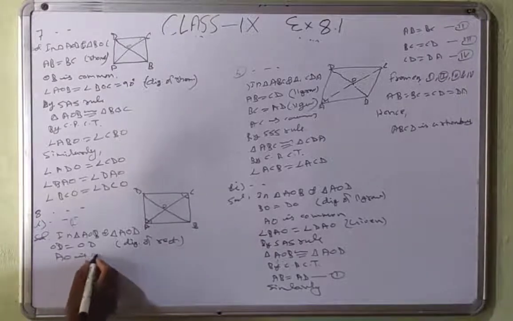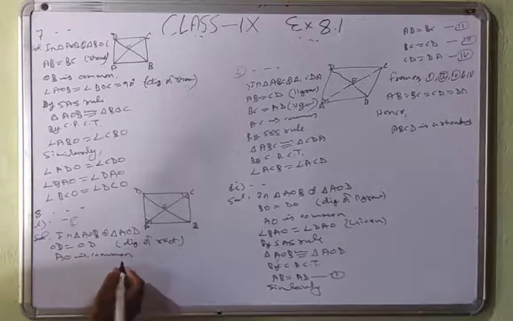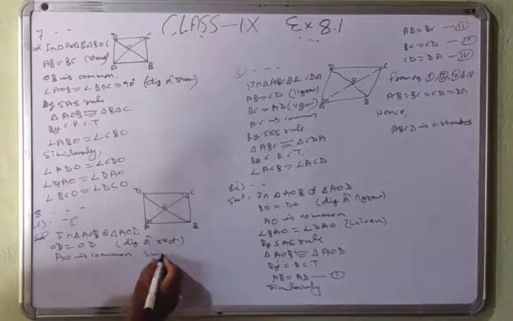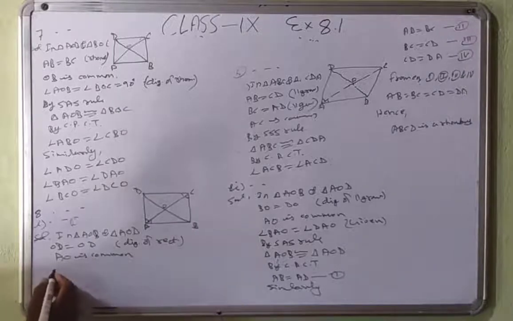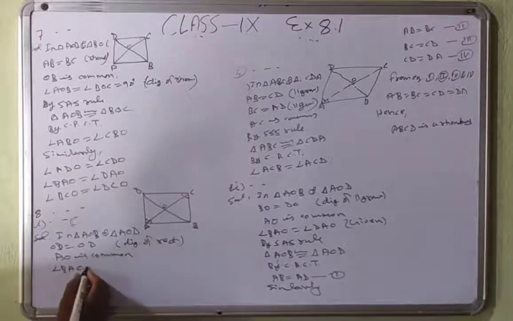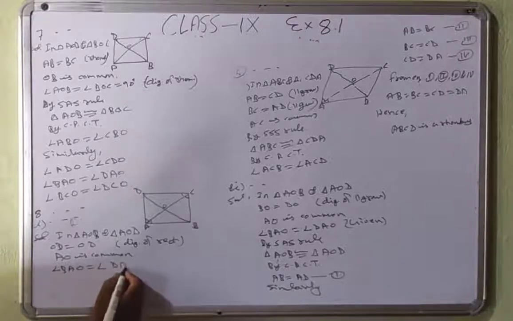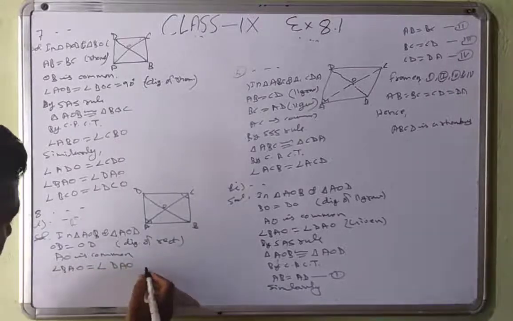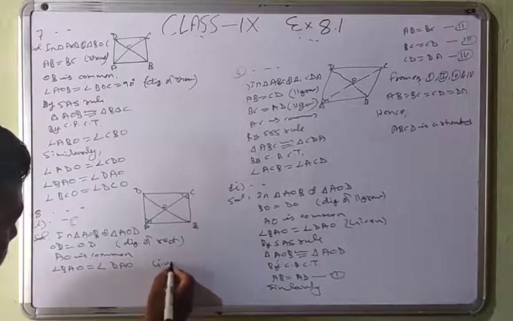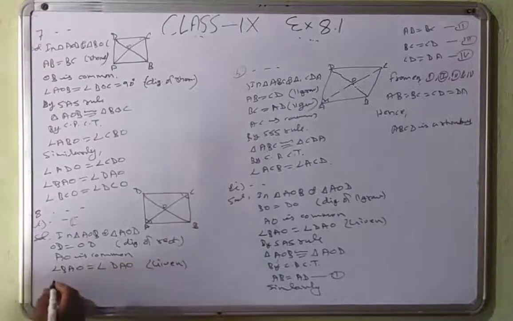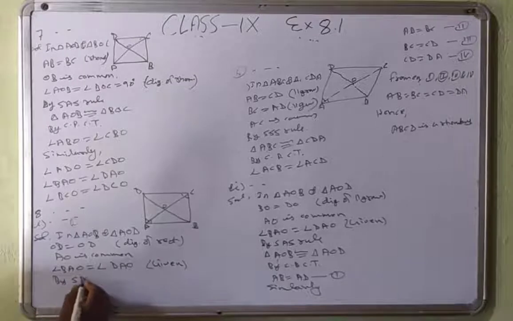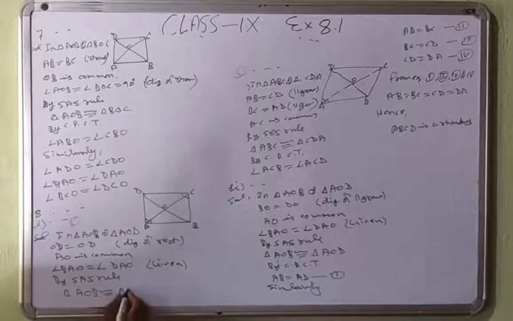AO is common, no need to write that. Angle BAO is equal to angle DAO, that is given by bisector. And then by SAS congruence rule, triangle AOB is congruent to triangle AOD.